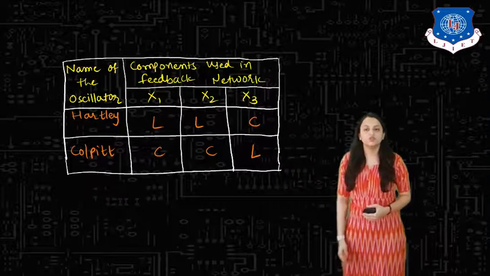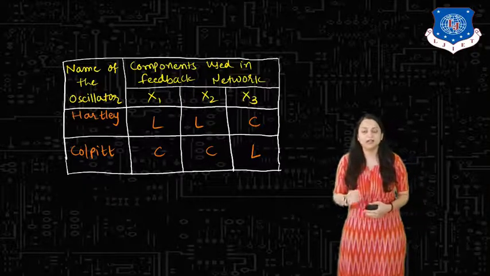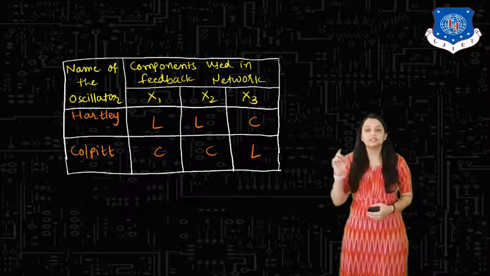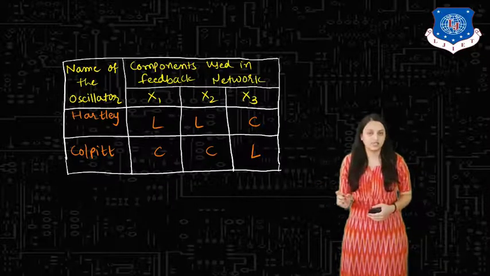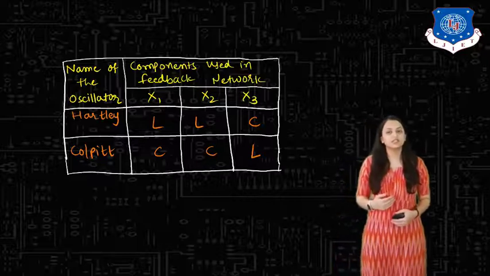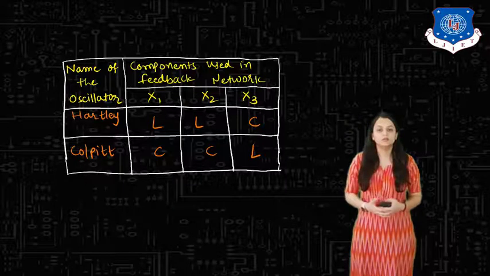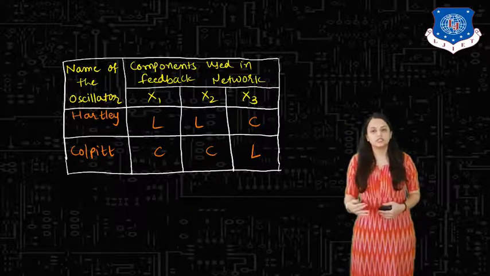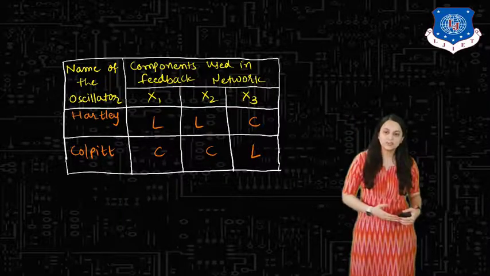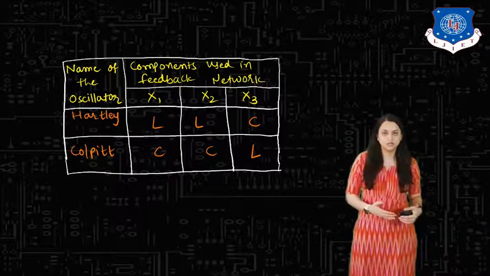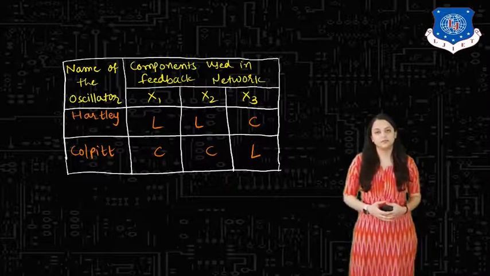As we have seen the feedback network before, if X1 or you can say Z1 is an inductor, Z2 is an inductor and Z3 is a capacitor, then this combination will be called a Hartley oscillator. Now, if X1 or Z1 is a capacitor, X2 is a capacitor and X3 is an inductor, then this kind of arrangement is called a Colpitts oscillator.